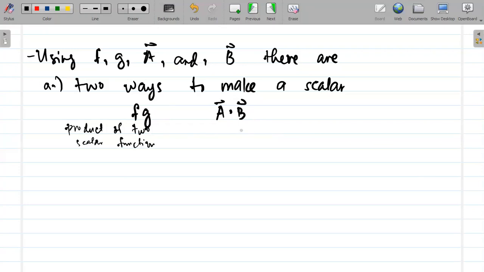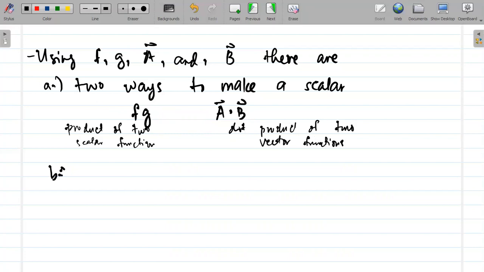Yung A dot B, that product of two vector functions. So, yan yung ating two ways to make a scalar.